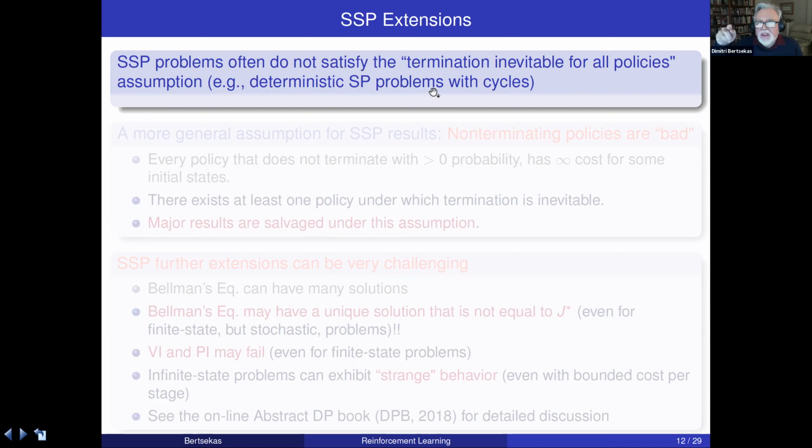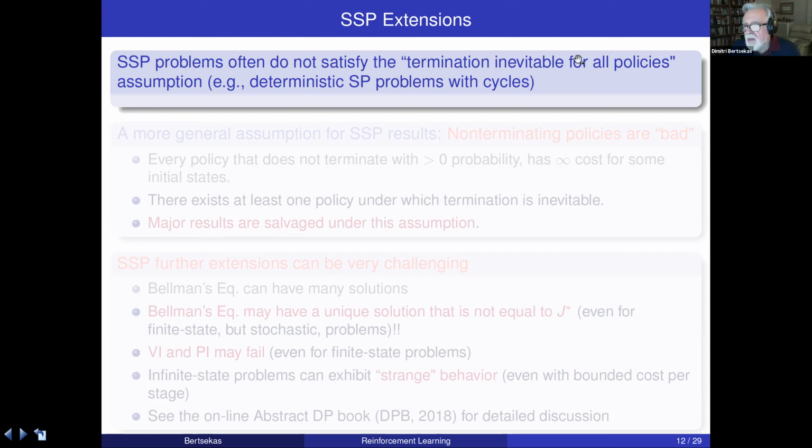Then there's a policy that just spins around the cycle and never terminates. So immediately, termination inevitable is violated. And most of the deterministic shortest path problems involve cycles. It's very common to have a graph that involves cycles. So it is very common for this assumption to be violated.